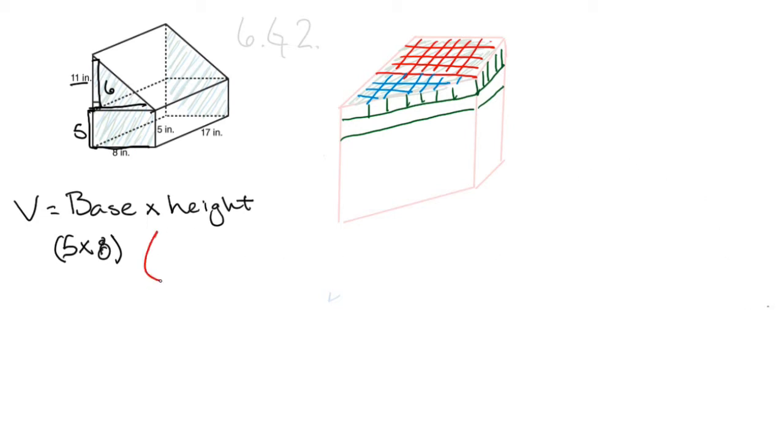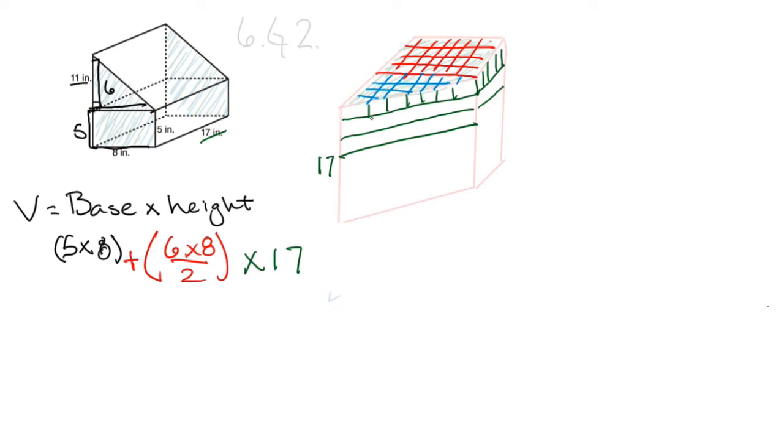If I add these two together, I will get this base face, or parallel face. And then I'm going to have to multiply that by the height of the prism. The height in this case is 17, so this would be the 17 right here. That would mean there were 17 layers, so I'd multiply that by 17.